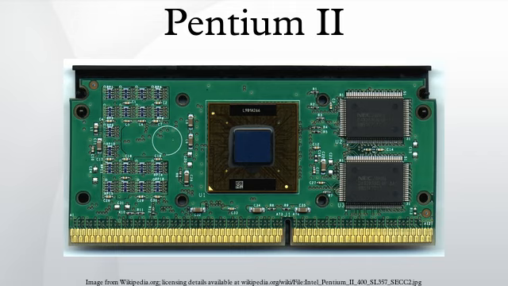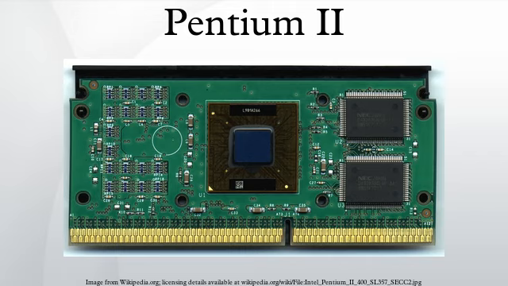Deschutes, L1 cache, 16 plus 16 KB, L2 cache, 512 KB external chip on CPU module running at 100% of CPU speed, socket, Socket 8, front-side bus, 60 or 66 MHz, GTL+, VCORE, 3.1 to 3.3 V, fabrication, 0.25 micrometer, based on the Deschutes generation Pentium II, first release, 1998, supports MMX technology.